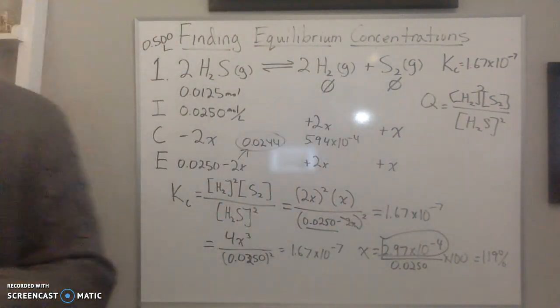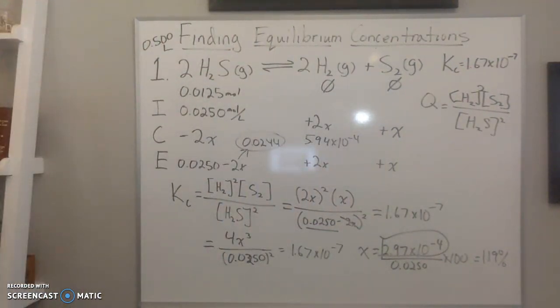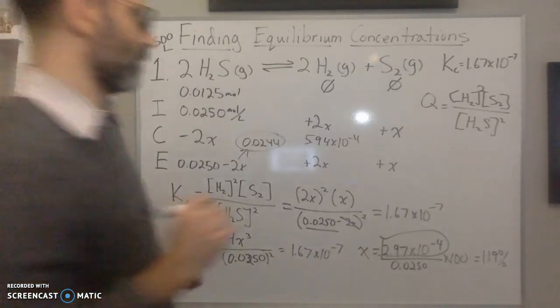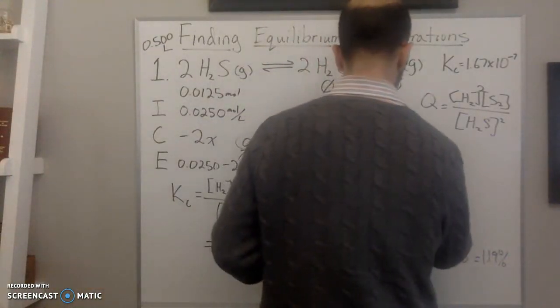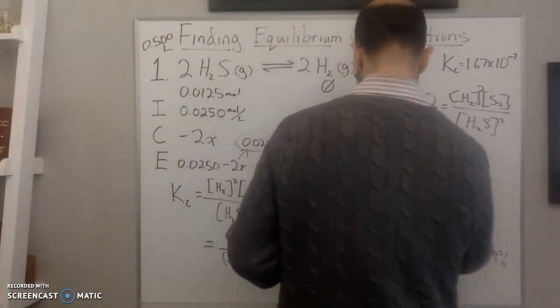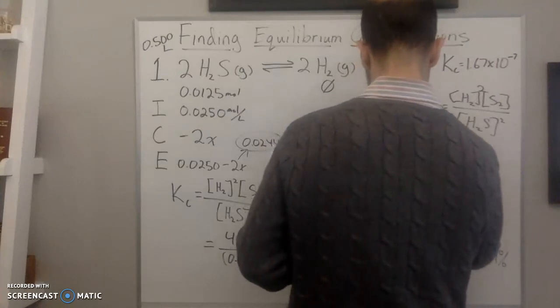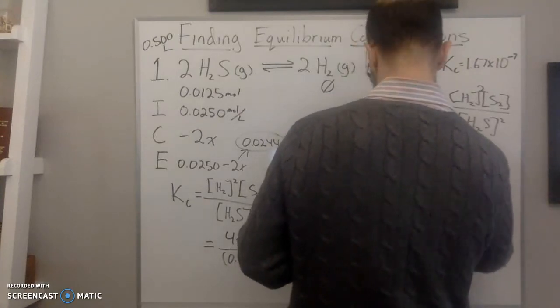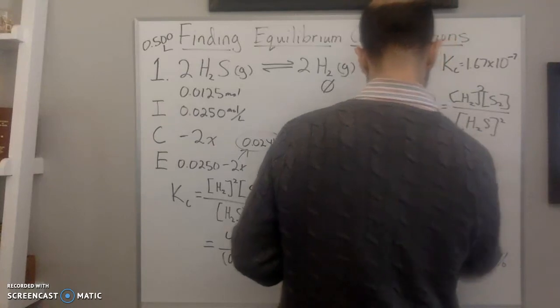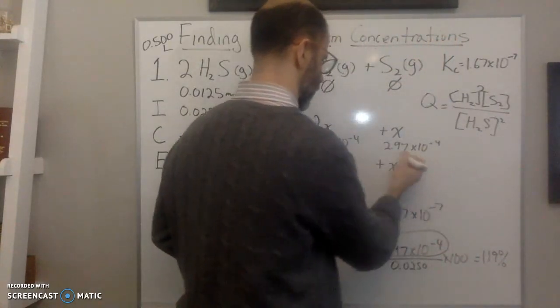Let me double check that again. 5.94 times 10 to the negative 4. And then you have S2, which becomes 2.97 times 10 to the negative 4, because x is here.